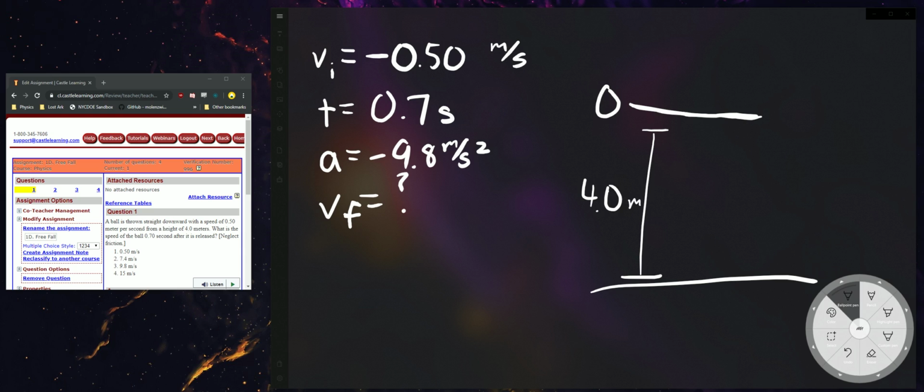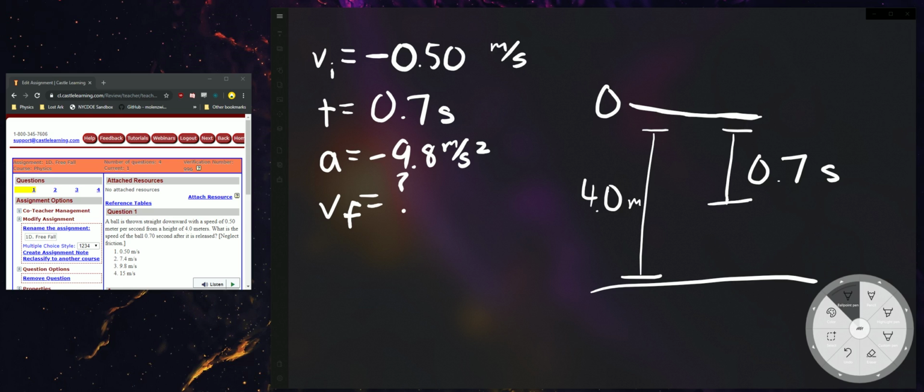Now, it doesn't take 0.7 seconds for the ball to drop the whole length. Maybe it takes 0.7 seconds to drop maybe half a length. Again, this is hypothetical. I don't know actually unless I calculate it, and I haven't calculated it.